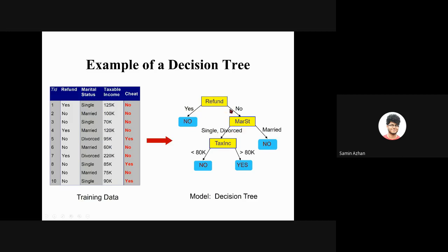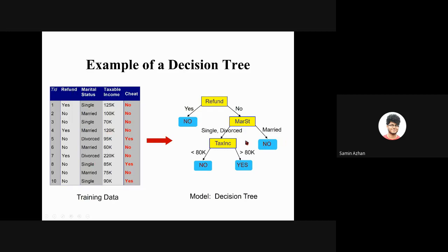If the refund is no and the marital status is divorced, then it will look at the taxable income. If the taxable income is greater than 80K, then it's predicting that the person did cheat, and if it's less than 80K, the person did not cheat. So this is based on the training data set.